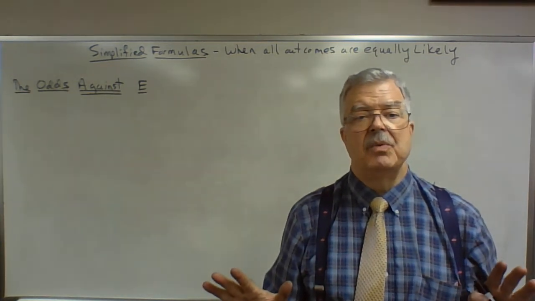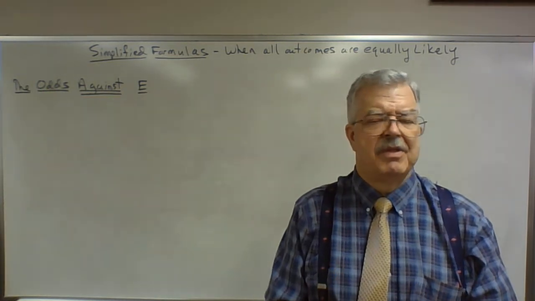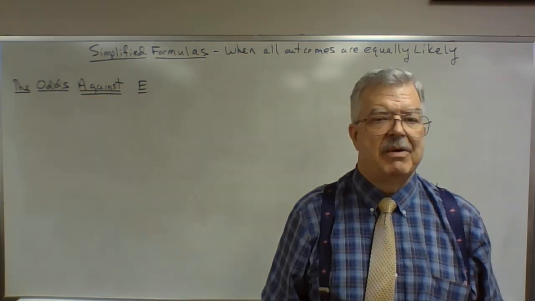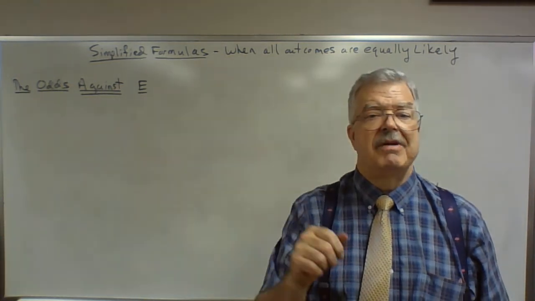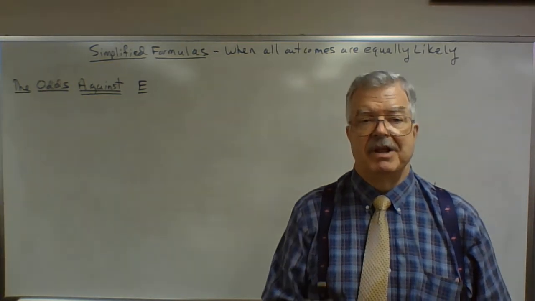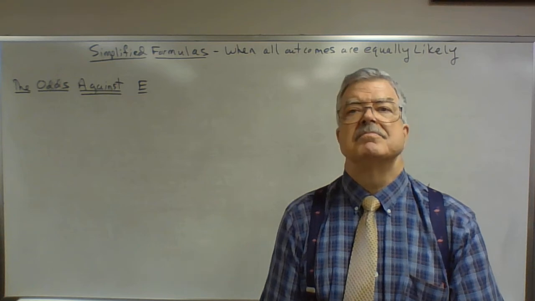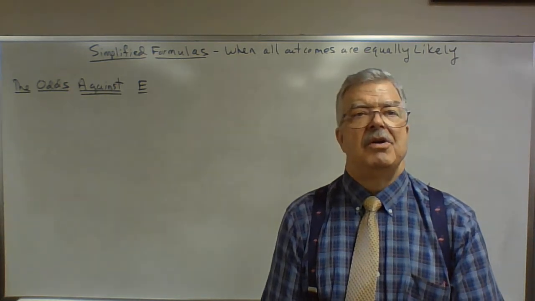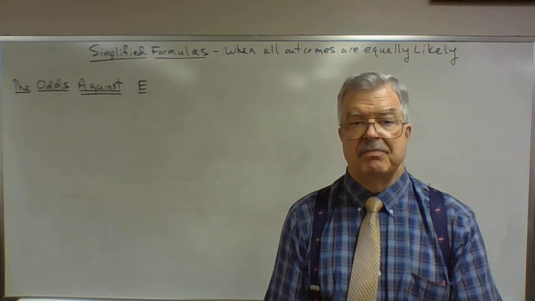And sometimes when we do problems involving odds, we don't know this. We don't know the number of outcomes in favor of something happening and the number of outcomes resulting in an event not happening. For example, the number of people who in their lifetime die in an automobile accident.